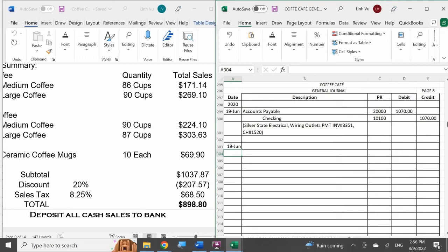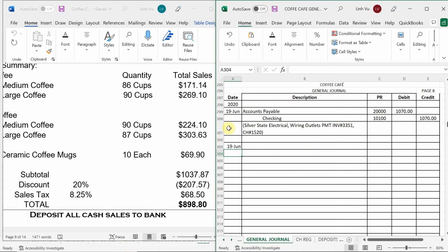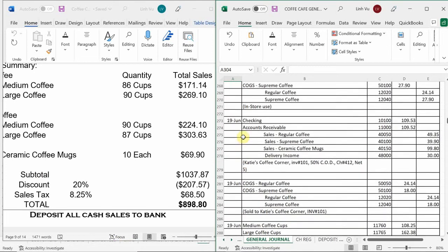Just like a day before, we have checking and sales discount for debit.